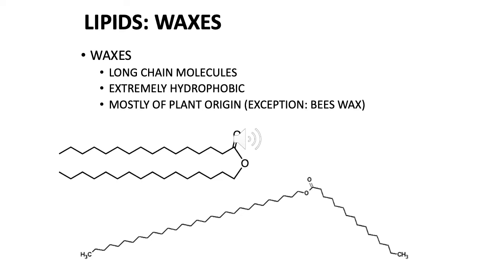Now, most waxes are of plant origin. As a matter of fact, I should mention this: all plants have a non-cellular layer of wax that coats their leaf surfaces. One of the reasons this exists is because the plant is living in a desiccating environment and obviously does not want to lose water through evaporation from the leaf surfaces.